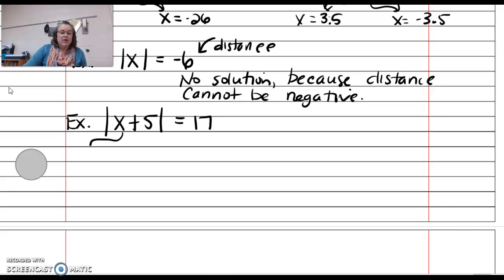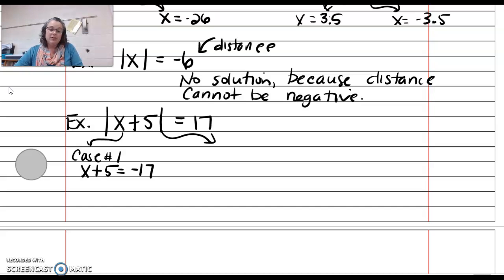We're going to set up our two cases. Case number 1, our distance could go to the left, so we could be at negative 17 spaces away from our middle number. So we could write this as x plus 5 equals negative 17. That'd be our negative case.